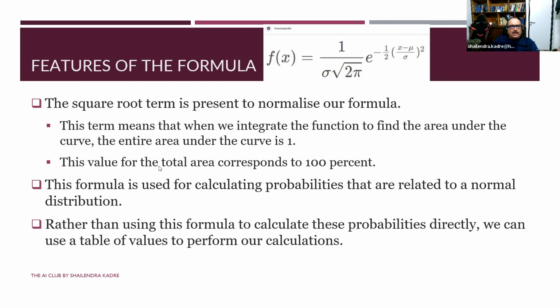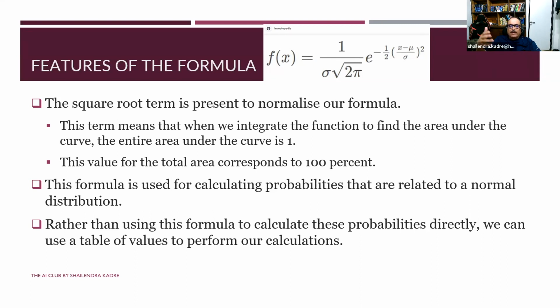Now you know that area under the curve is giving you probability. Now rather than using this formula to calculate the probability directly, this formula looks very tedious, no? If every time, for every x, you have to use this formula, it may take a lot of time.